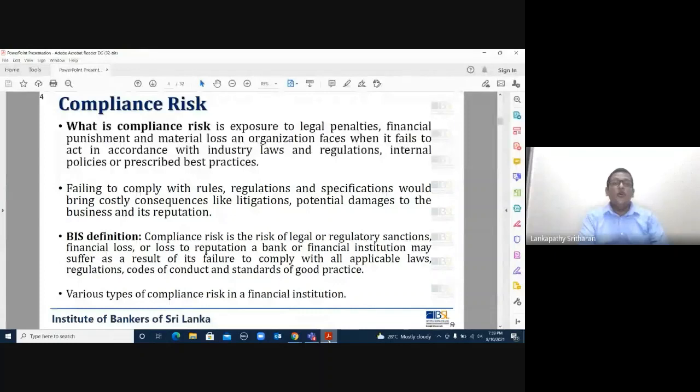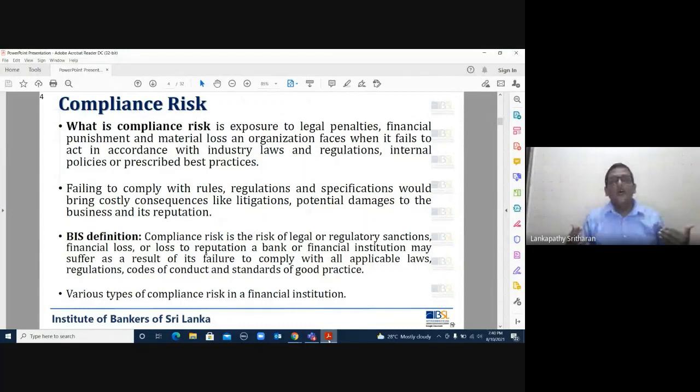So in case a particular bank fails to achieve the 20% level, they have to pay some penalty to the Central Bank, which will be considered a financial punishment.